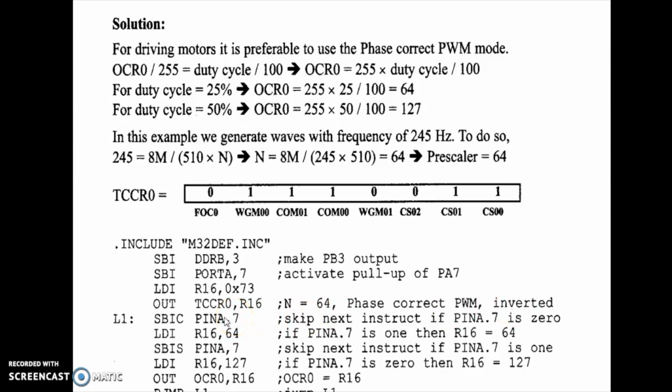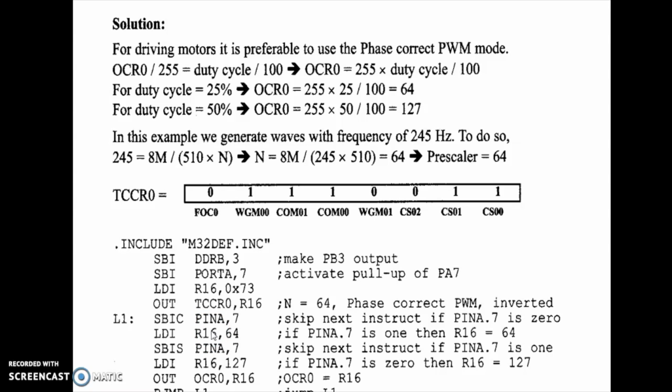Now we are going to read the PIN register, that is the status of the switch. Now suppose the switch is off and equal to 0, then the program first checks if the bit is clear. Here it checks whether that bit is clear. Yes, it is true.